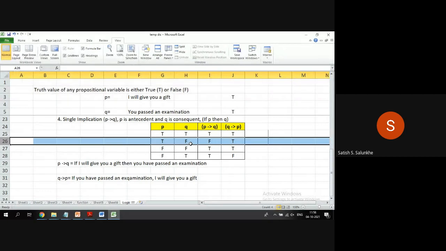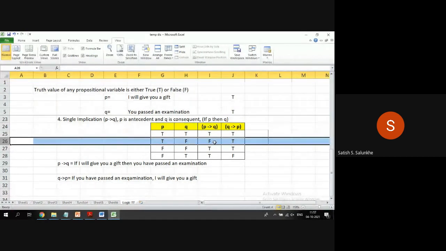My promise is violated only when you have passed the examination and I am not giving you a gift. Otherwise, you have passed the examination, I am giving you a gift, the promise is not violated. You have not passed the examination, I am not giving you a gift, the promise is not violated. You have not passed the examination, I am still giving you a gift, the promise is not violated.